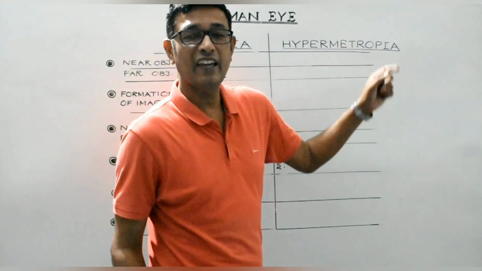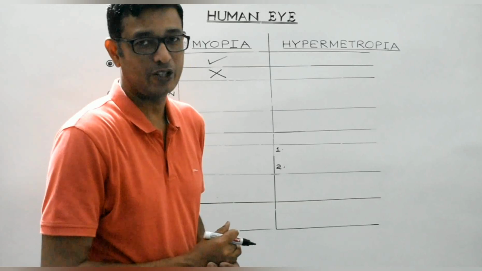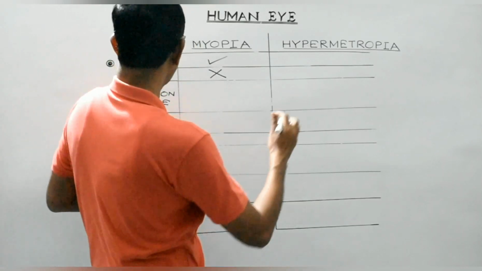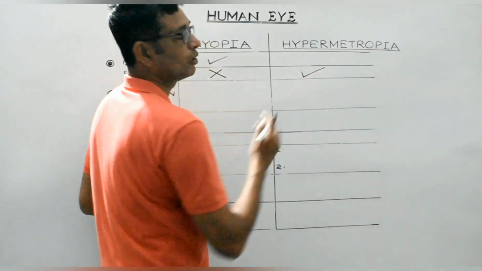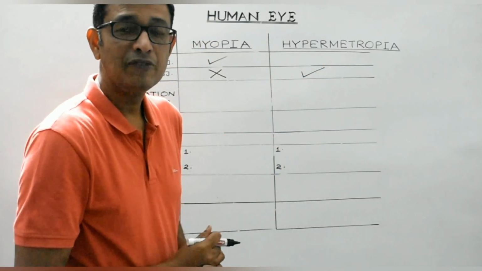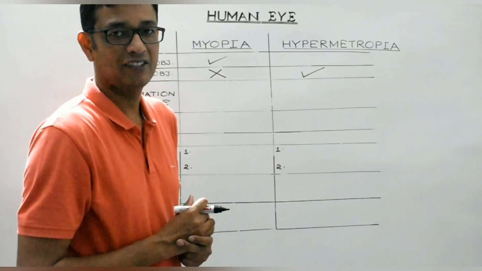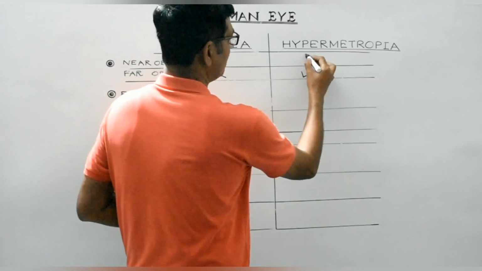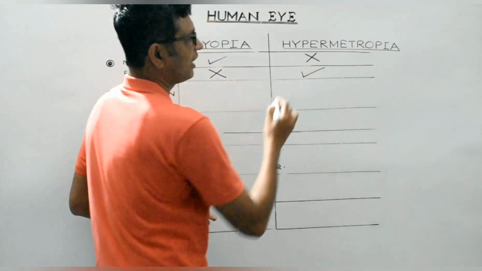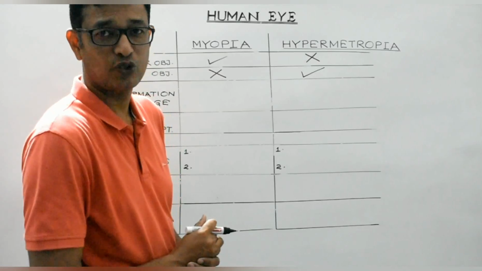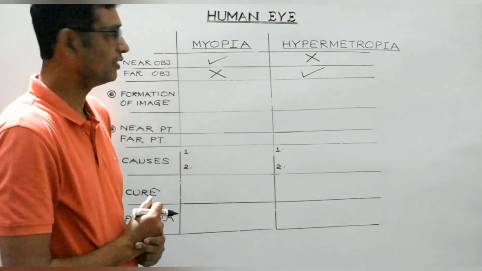While on the other hand, in the case of a person suffering from hypermetropia, he is able to see the distant objects clearly. But he faces difficulty in viewing the nearby objects. So, for nearby objects, the image obtained in the case of hypermetropic eye is blurred and out of focus. Clear, students? So that's the basic difference.